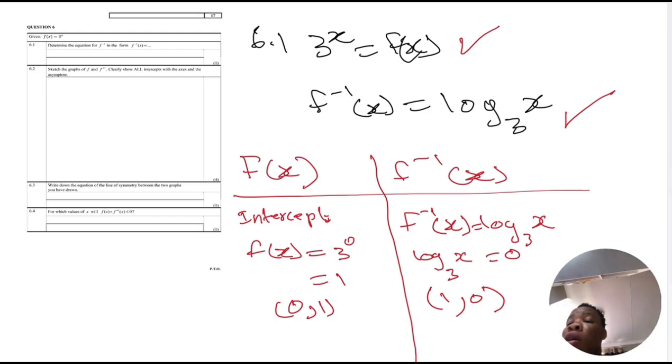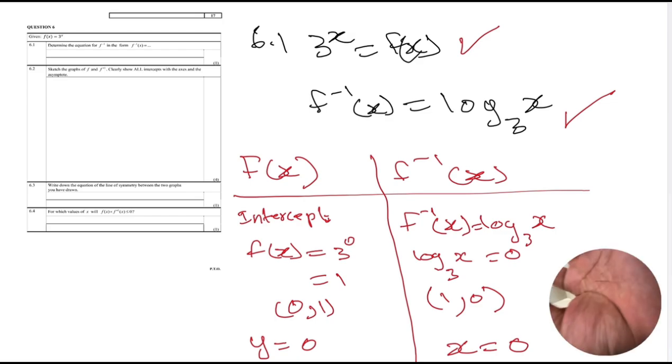Then now, for the f of x and the f inverse of x, we must also have the asymptotes. So for f of x, our asymptote will be y is equal to 0, and this side it will be x is equal to 0. So now let's plot the graph.